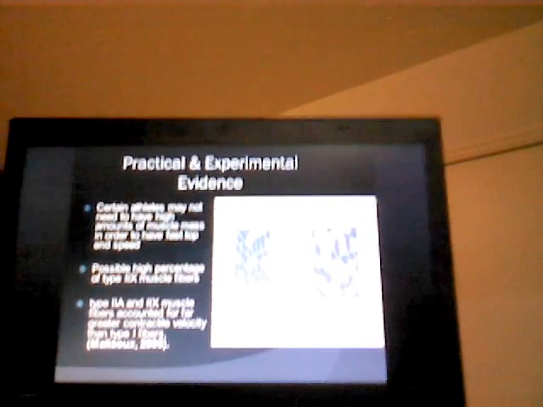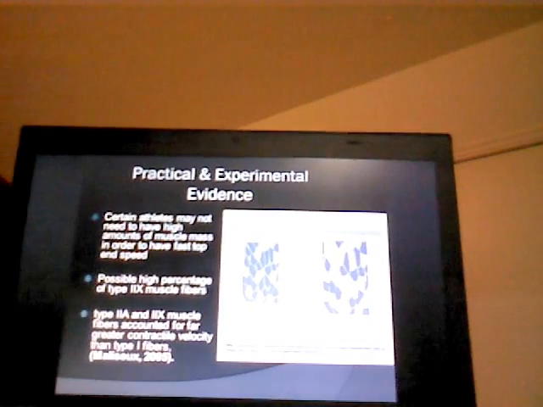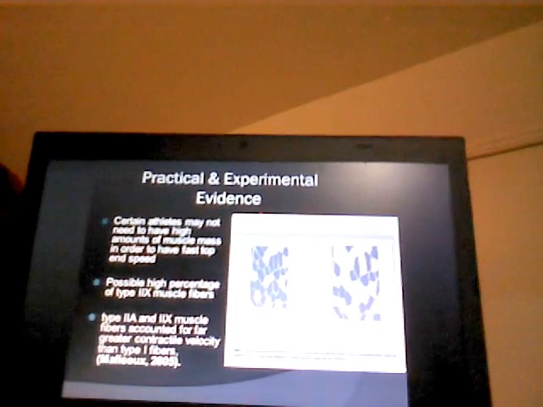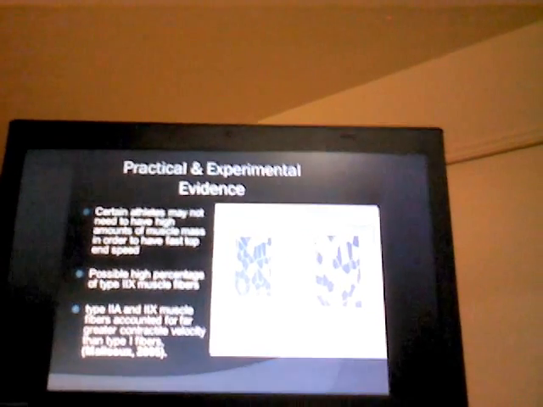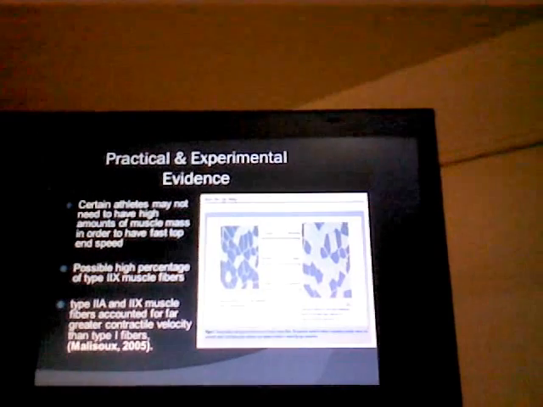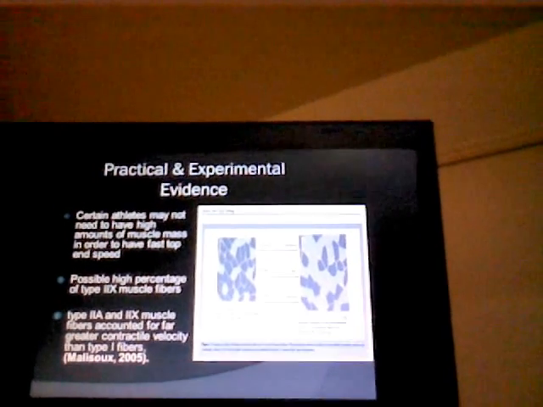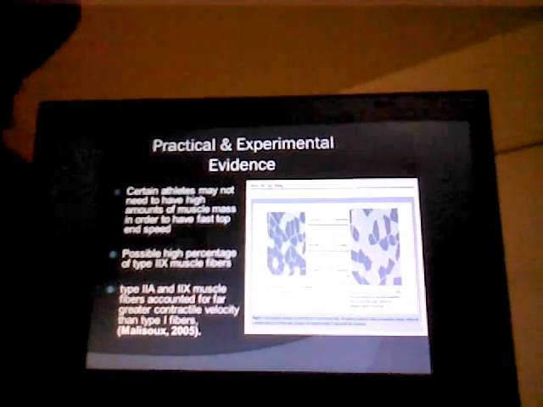So I just mentioned the practical evidence from the example I just gave with the athletes. Now on the experimental side, there's also a reason to believe that strength is not as good of a determinant for speed as maybe strength and conditioning coaches would like to think.